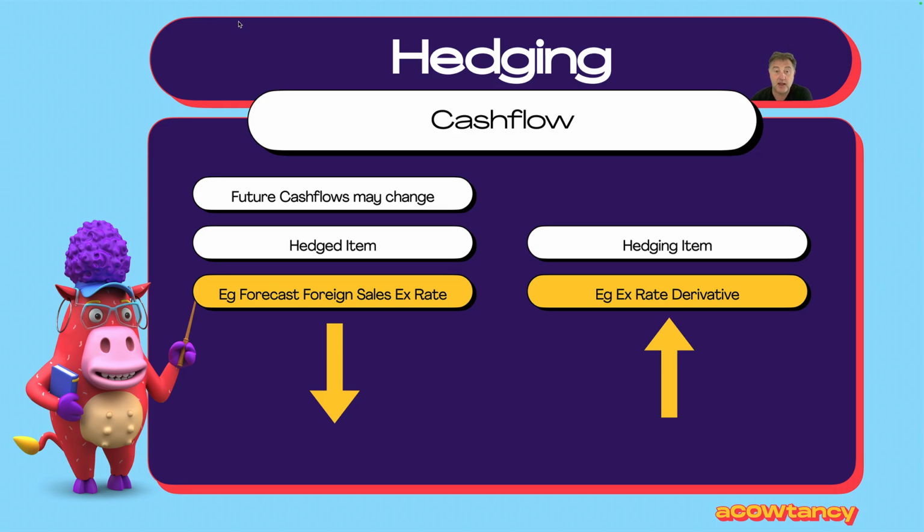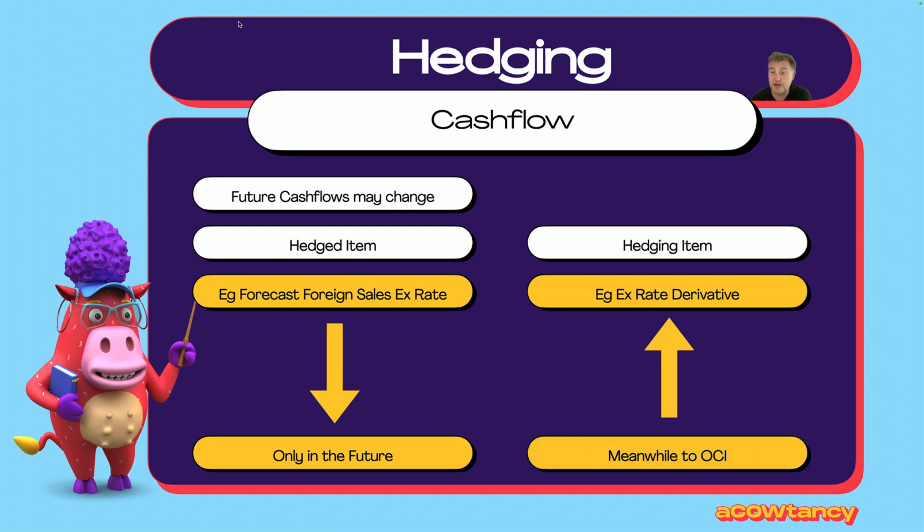Now, in a cash flow hedge, you're worried about the thing happening in the future. So the hedged item doesn't happen yet. It will happen at some stage in the future. But the hedging item that you've bought, that will be going up or down in value. So you put that to the OCI. So it's just one extra step. You put the hedging item gain or loss for the first bit to the OCI.